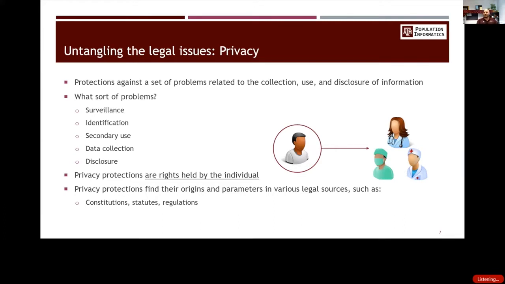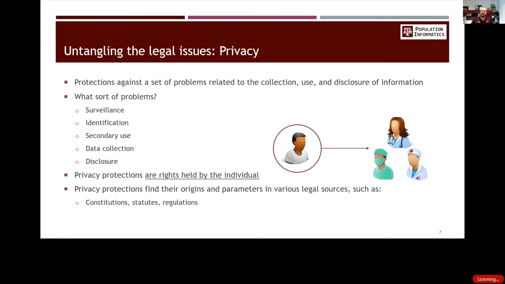They might be the collection of that data to start with, or the disclosure of that data, right? But what's important to keep in mind is that when we're talking about privacy, we're talking about rights that are held by an individual against those who might collect their information or use their information. They are rights held by the individual.